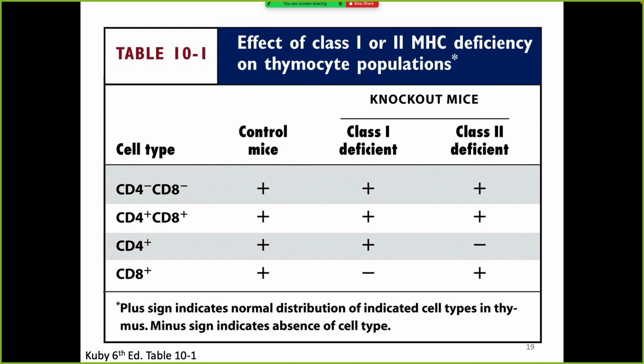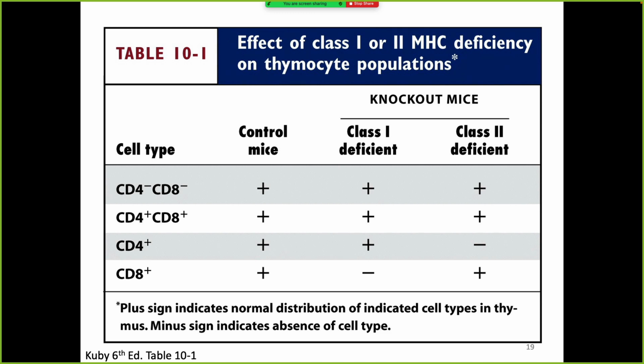So when we look in a normal thymus, we get the plot of the normal thymus. There are so many double positives.